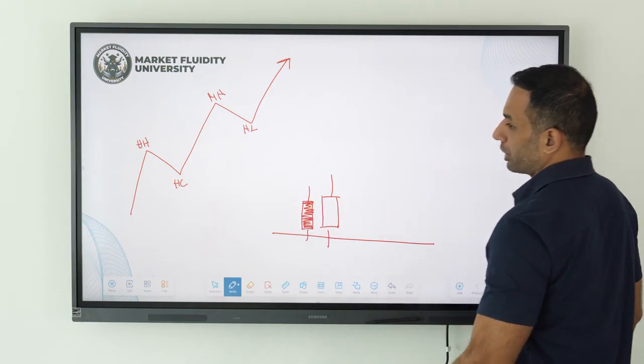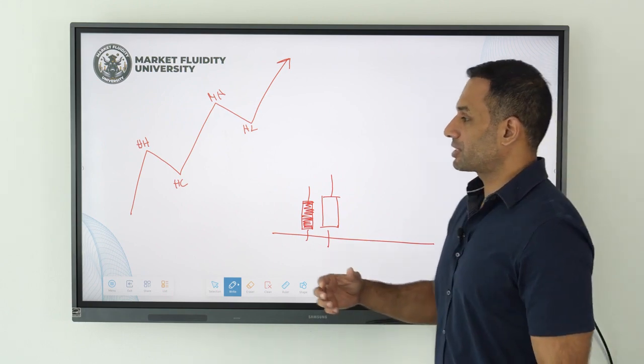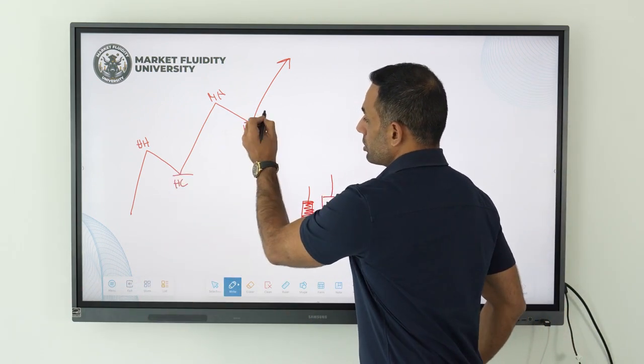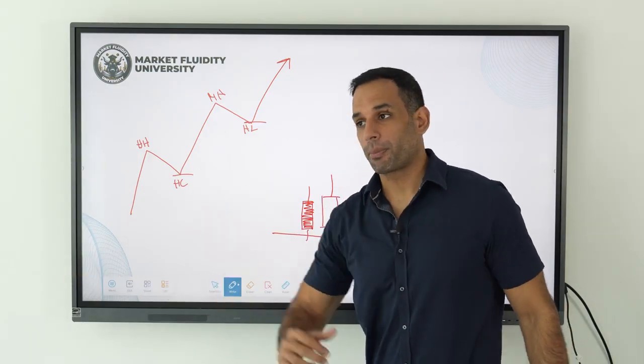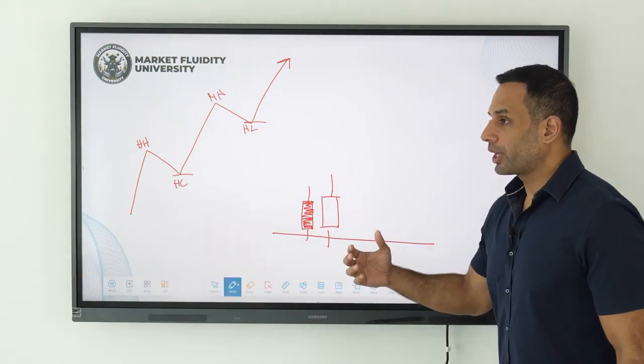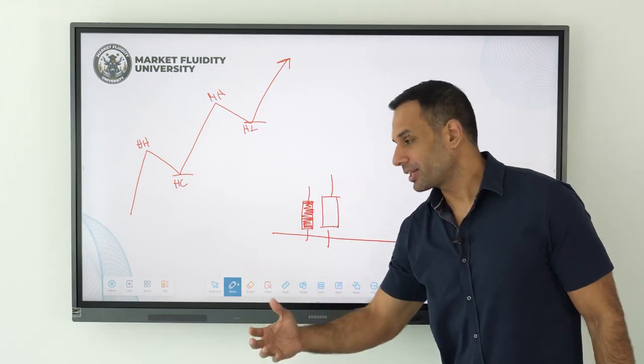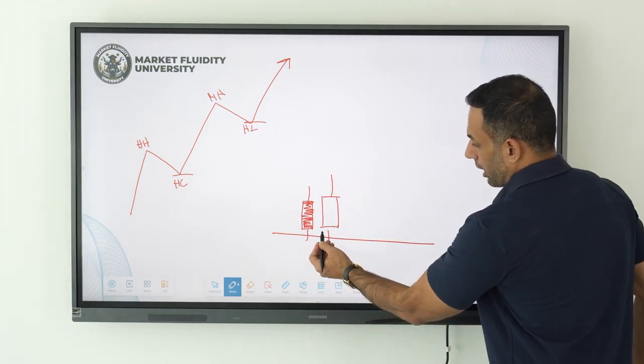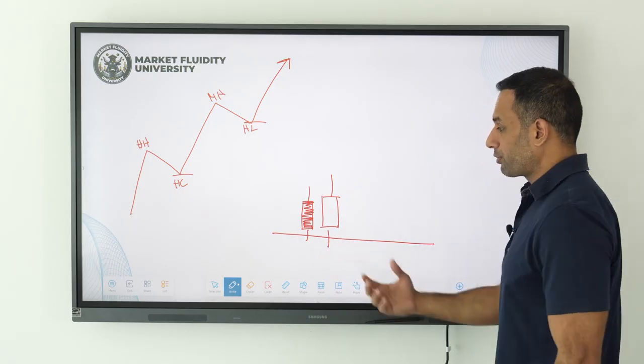So what happens in uptrends? In uptrends, price creates supports, your higher lows, and then from there price continues to push up. So in this example, price has created support, where you have a bearish candle followed by a bullish one. Now you have support formed.